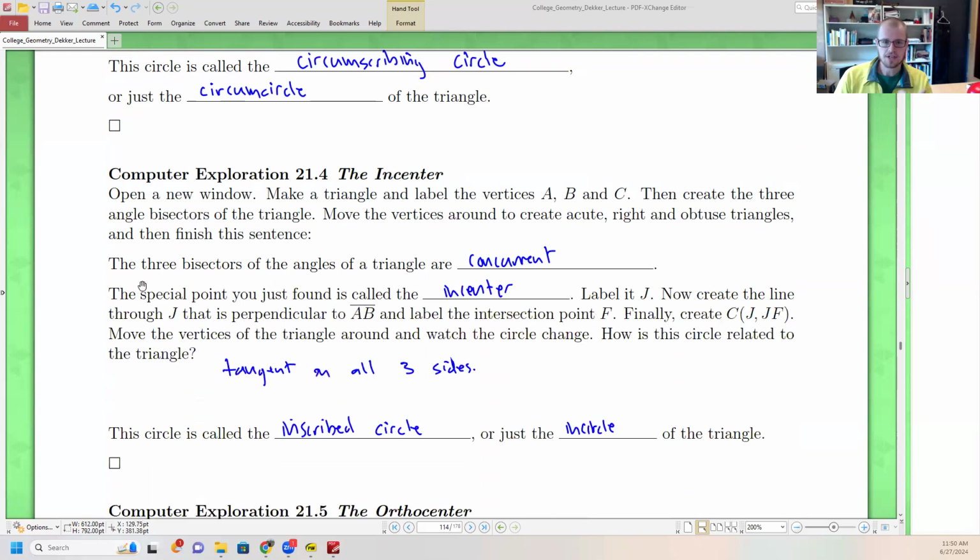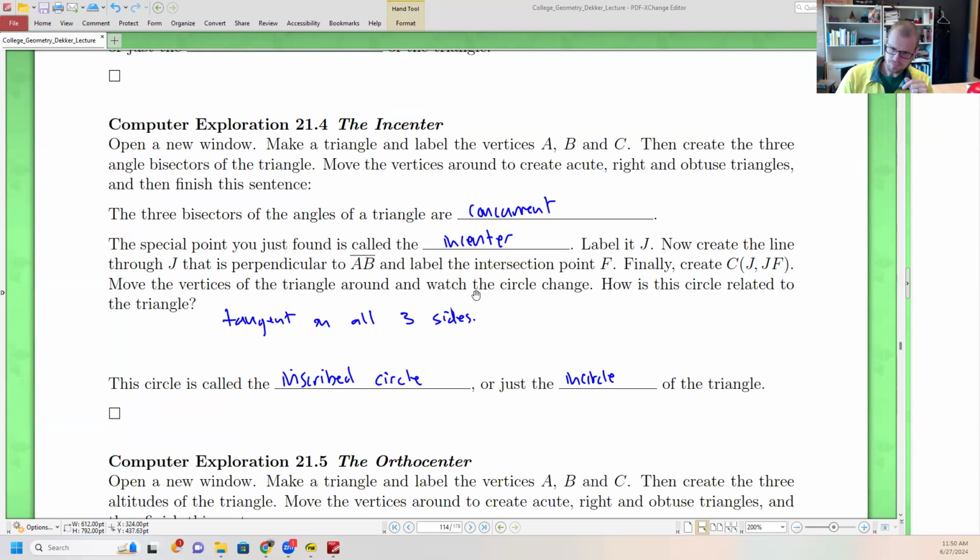For the incenter, again, the three angle bisectors are concurrent. That point should have been known, but it's called the incenter. You also are going to create a circle. How is it related to the triangle? Tangent on all three sides.